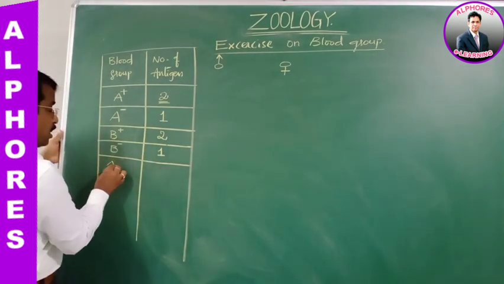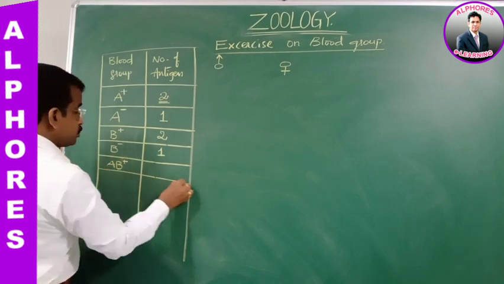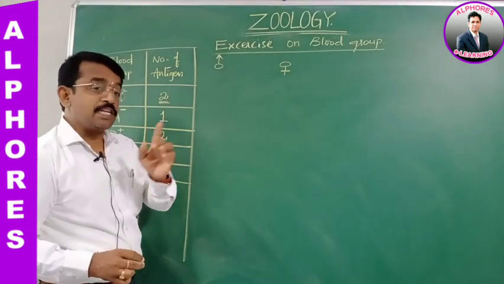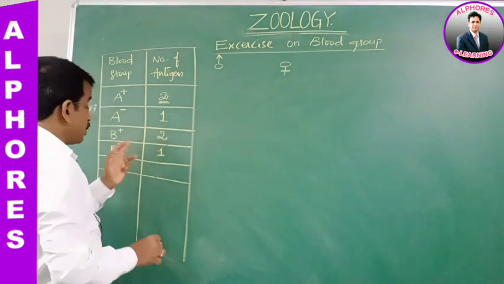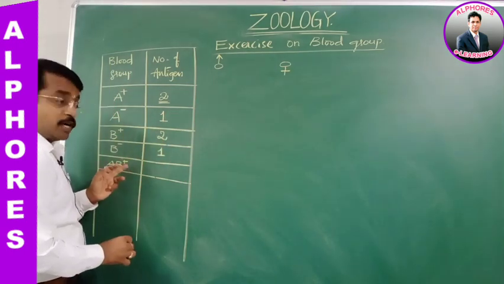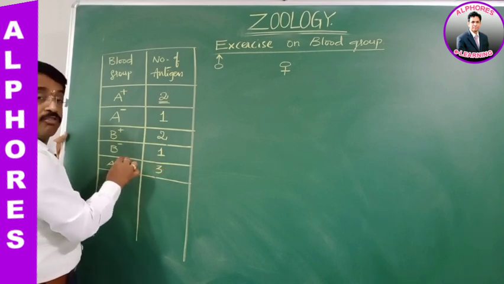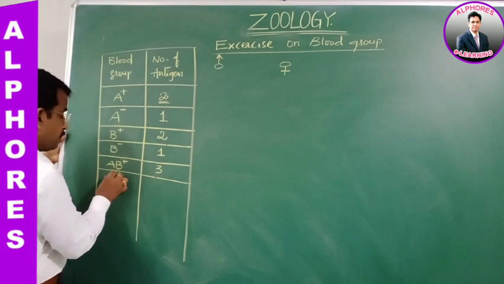Now, AB positive, in the sense AB is the blood group with antigen A, antigen B, plus RH antigen. So the number of antigens is 3. 2 plus 1, 3.